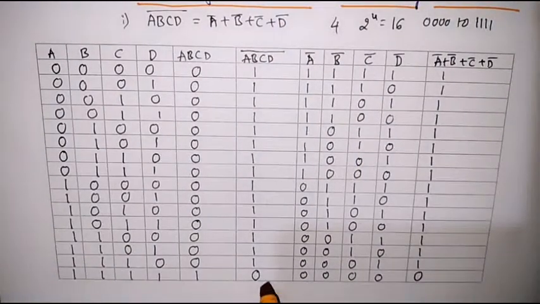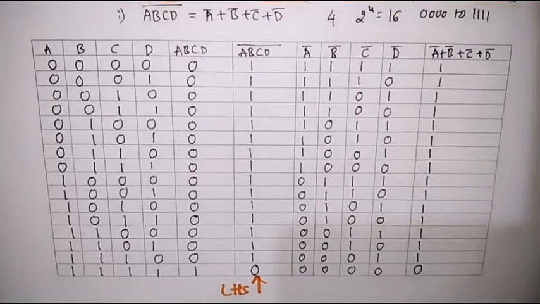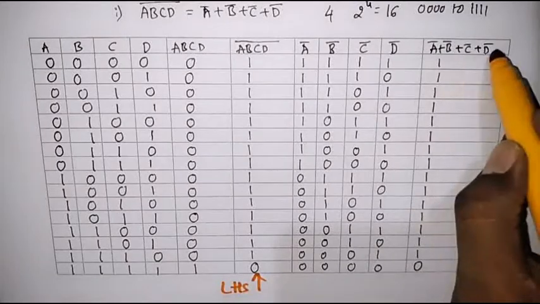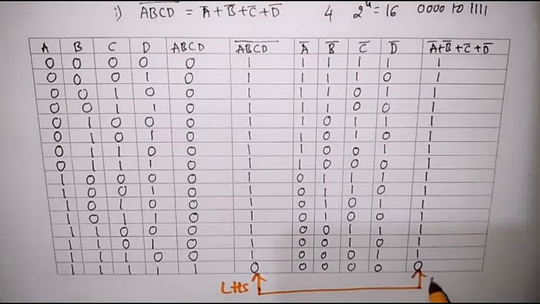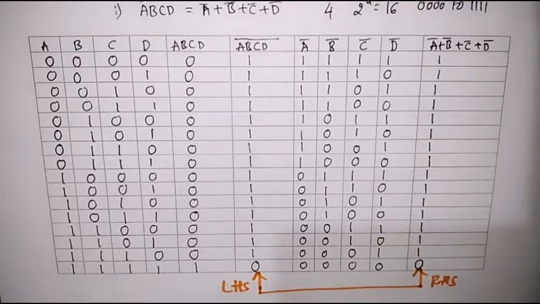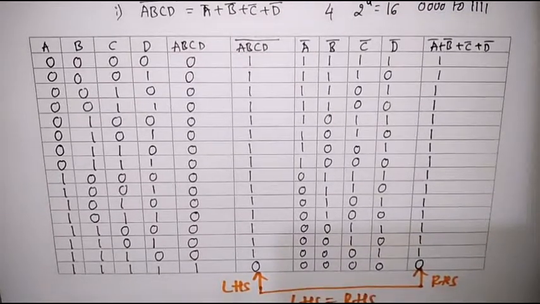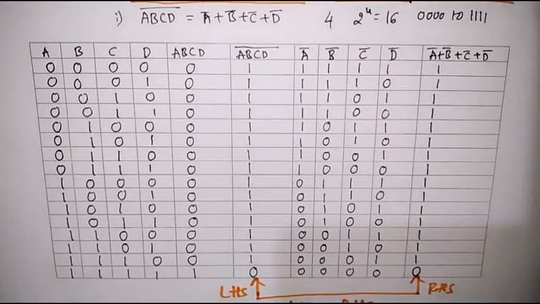This column is my LHS, and this is A bar plus B bar plus C bar plus D bar, that is RHS. By comparing these two columns, we can say that LHS is equal to RHS, that is, De Morgan's first theorem is proved.